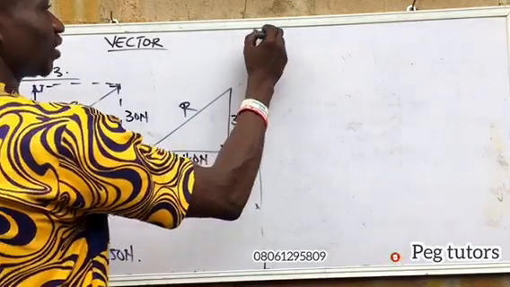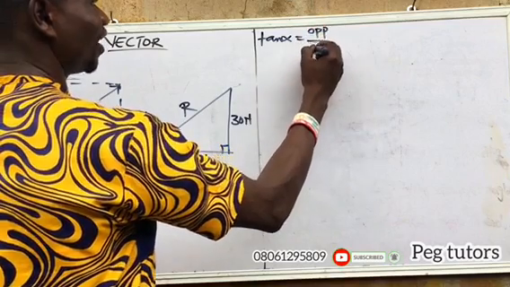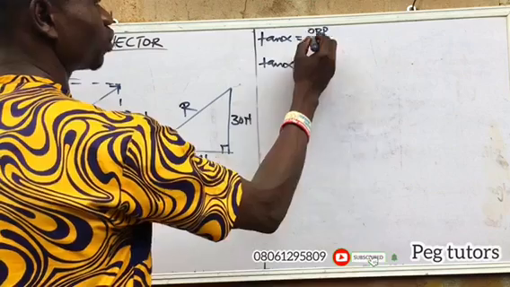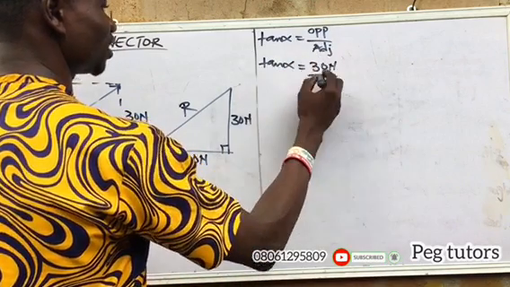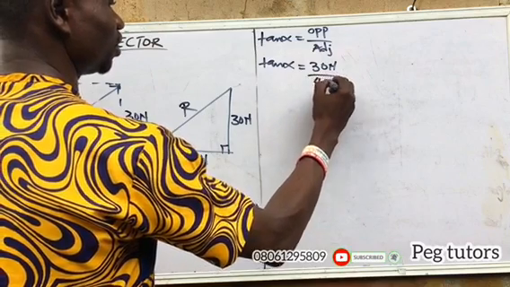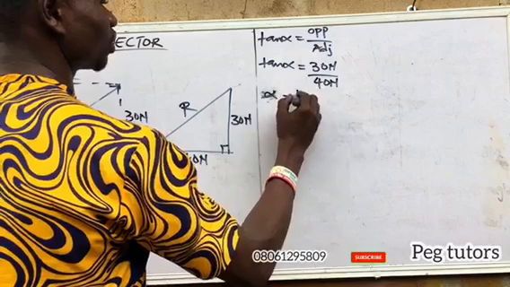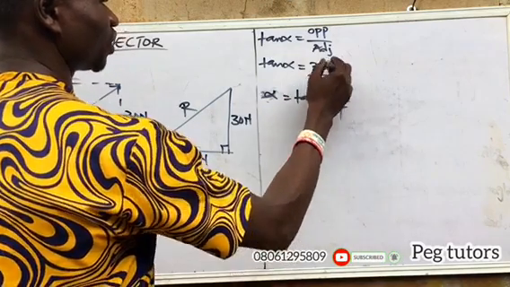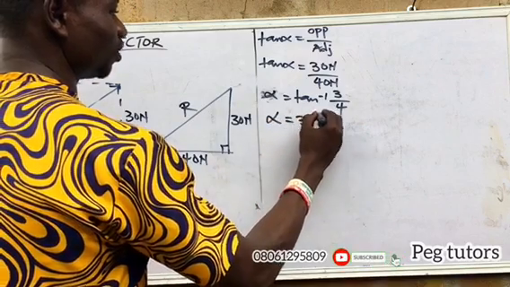So we have tan alpha is equal to opposite over adjacent, which gives you tan alpha is equal to, opposite here is 30 Newton, adjacent here is 40 Newton. So alpha is equal to tan inverse of 3 over 4, or 0 will cancel out 0. So alpha will be equal to 37 degrees, answer.